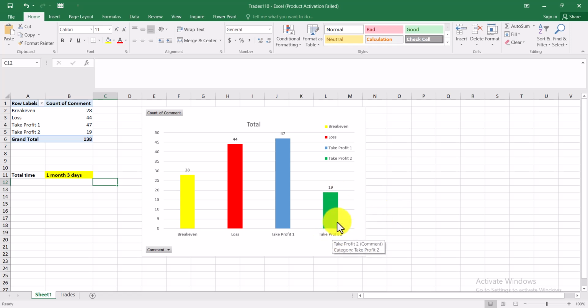You can see take profit 2 is 19, so if I multiply 19 by 2, it means we are 38R in profit, plus 47, which gives us quite a good number compared with the losing trades. We only got 44 losses. So this strategy is very profitable, and I am pretty sure that if you follow it mechanically, you will be profitable. This is all from my side.